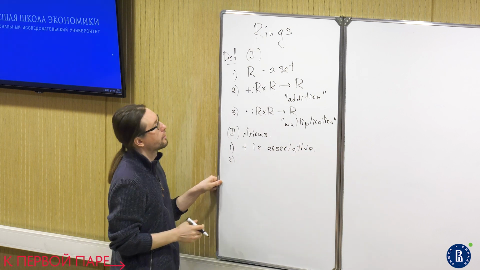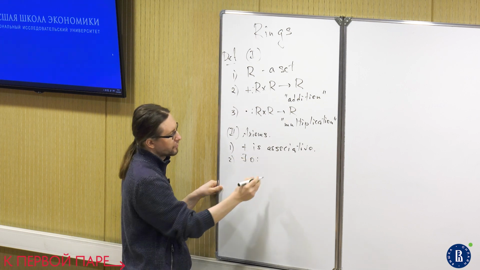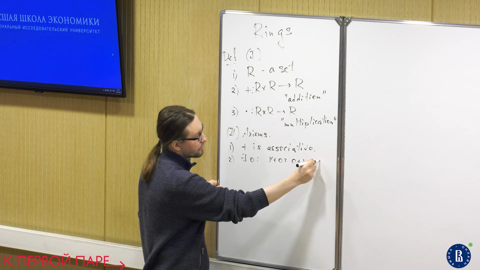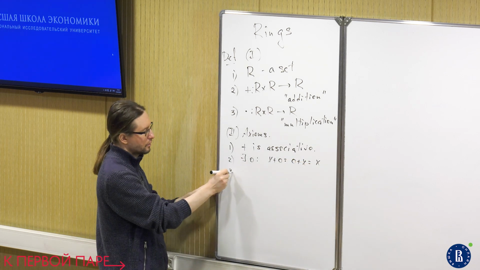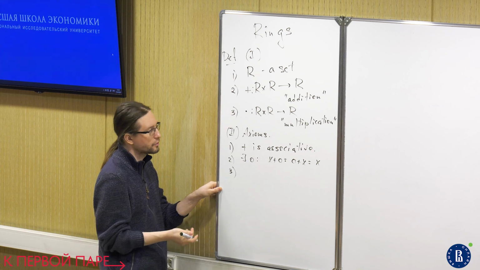The second one, there must be a neutral element with respect to addition. So there is 0, such that x plus 0 equals 0 plus x equals x. Every element is invertible with respect to addition.